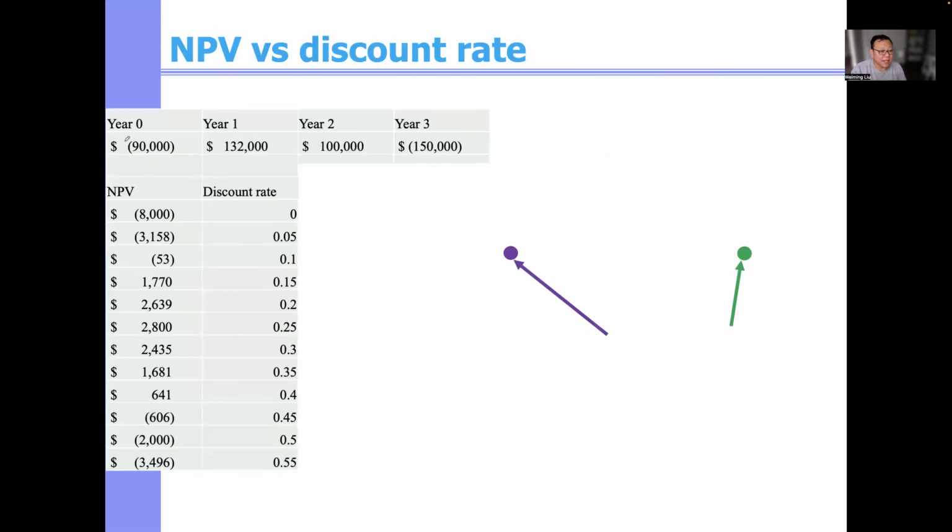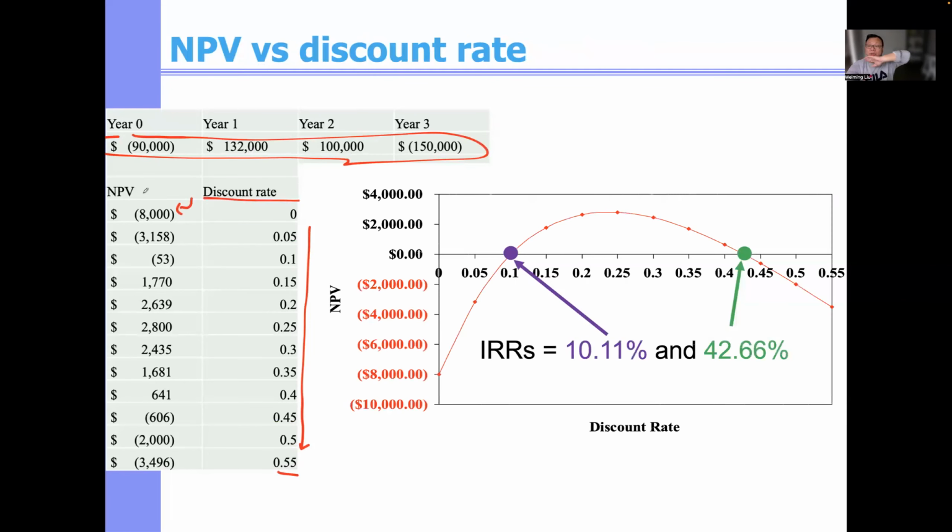So this is the full cash flow, right? I'm going to set up the discount rate from 0 to 0.55, in 0.05 increments, and then corresponding to each discount rate, I can easily calculate the net present value. So I'm going to plot this picture.